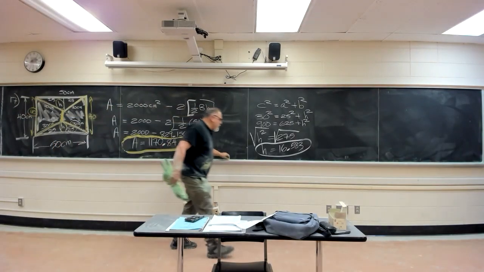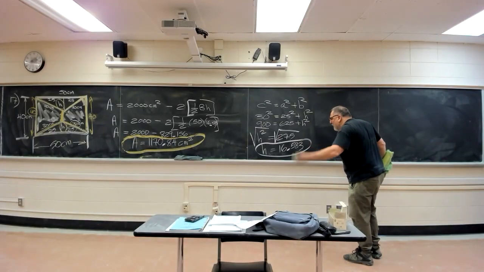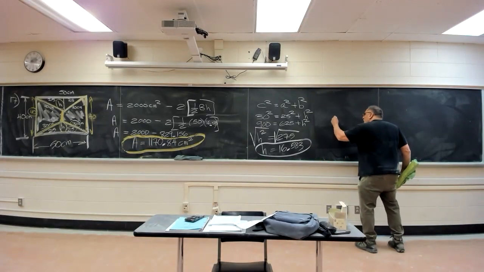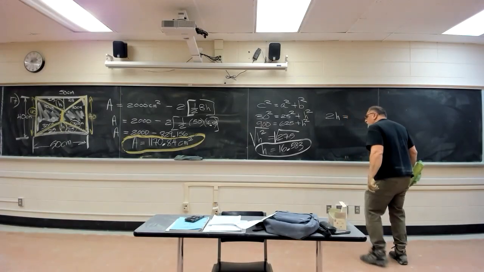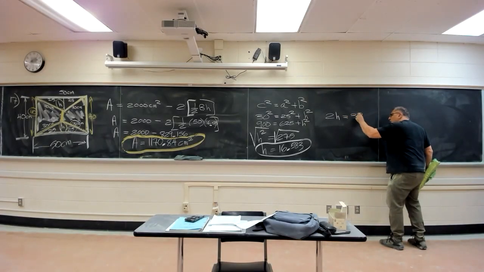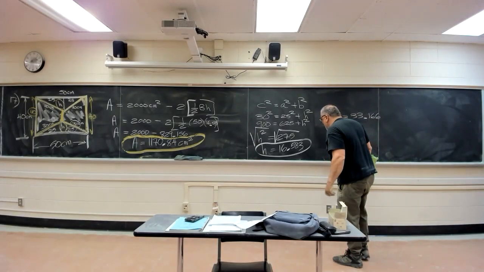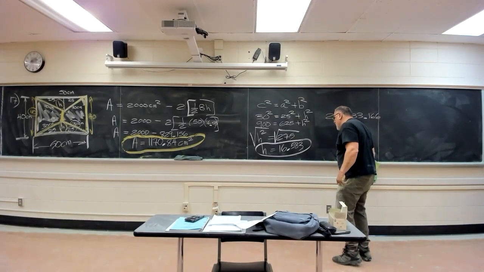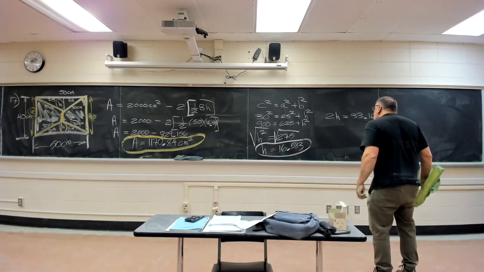If you took H, which is this, and you doubled it, if you doubled H and H, you get 33.166. I hope. Let's make sure I did that right. You add it. Yeah, it looks okay to me. It looks like 33.166. I'm gonna go with that.